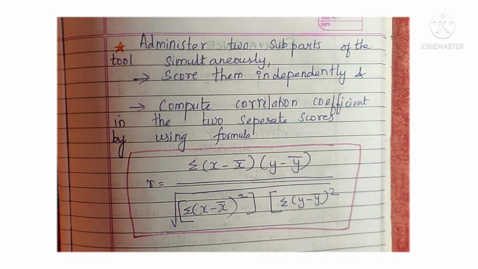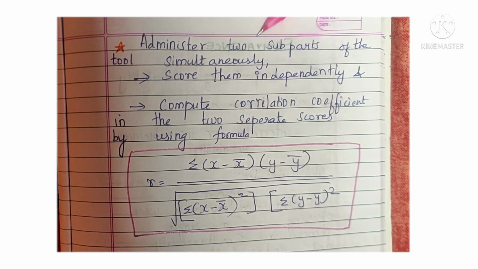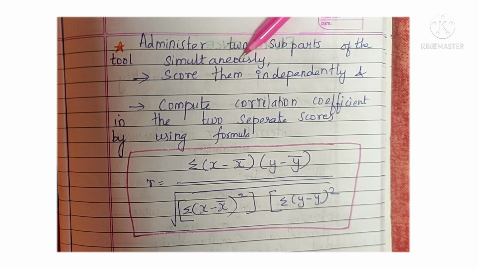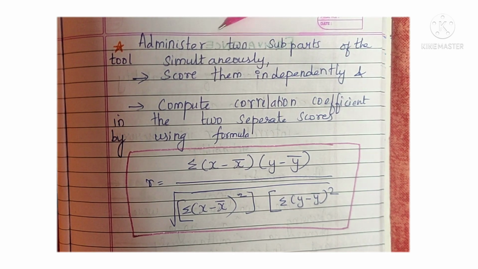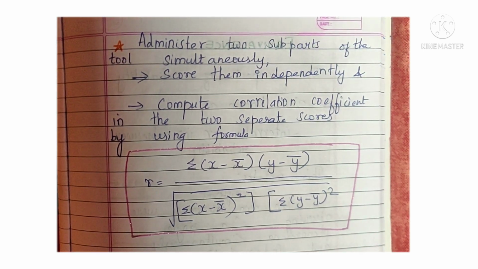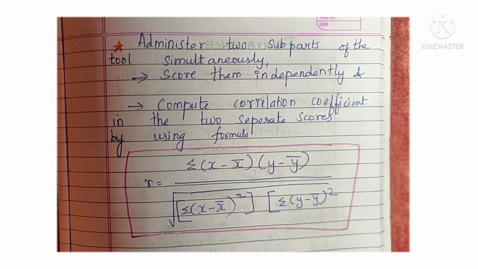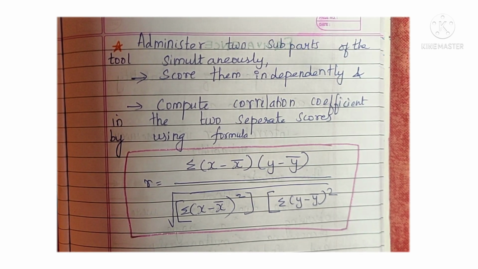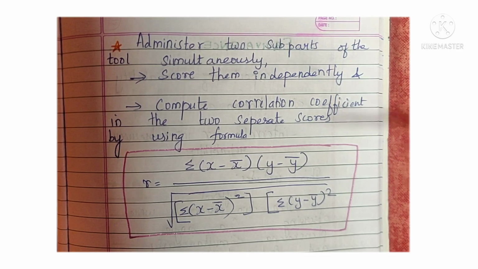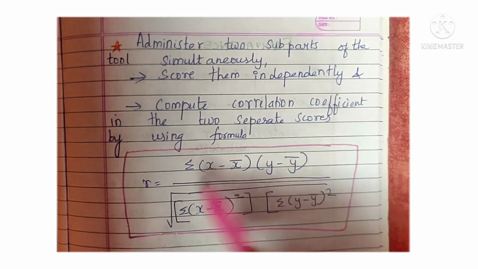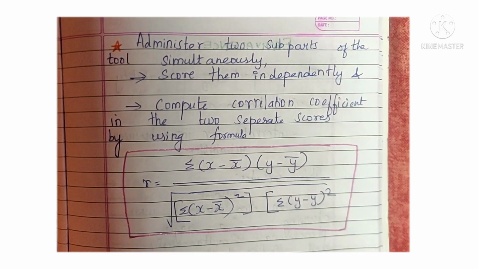Next, you have to administer these two subparts of the tool simultaneously and score them independently. So you administer the first part questions and the second part questions to one group. Then you have to compare the results. When comparing the results, you should use the Karl Pearson coefficient formula or the Cronbach's alpha formula.